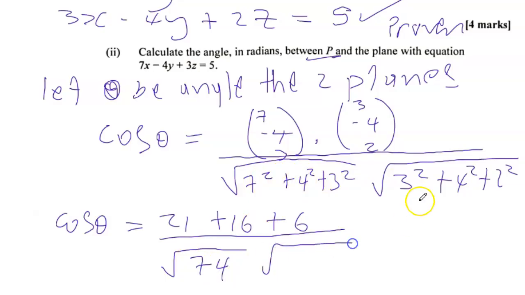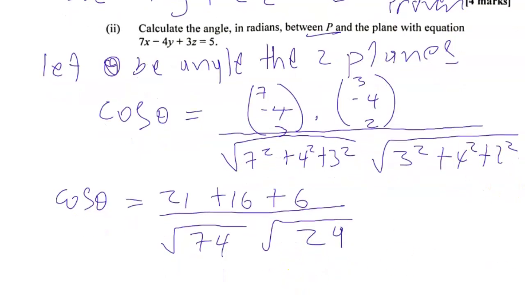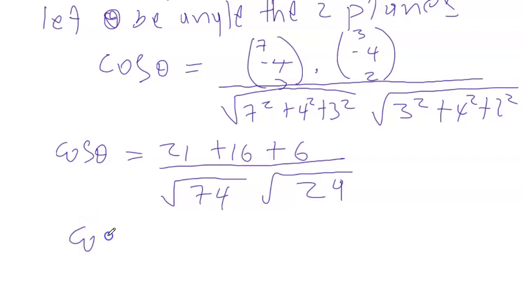And this is 9 plus 16 plus 4, that's 29. So therefore cos theta is equal to, well, 21 and 16, that's 37. 37 and 6, that's 43.